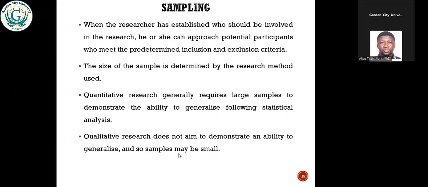So if you need, let's say, 200 samples out of 20,000, you don't dip your hand in the box and pick several at a time. No. Instead, you pick them one after the other until you get 200 people. Then when you do that, you have performed what we call simple random sampling.